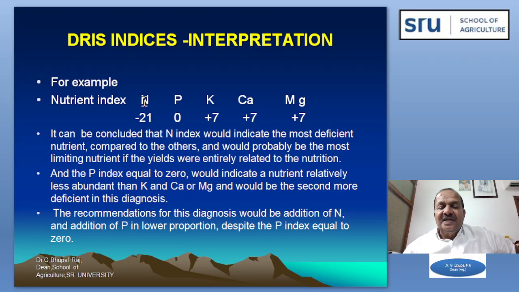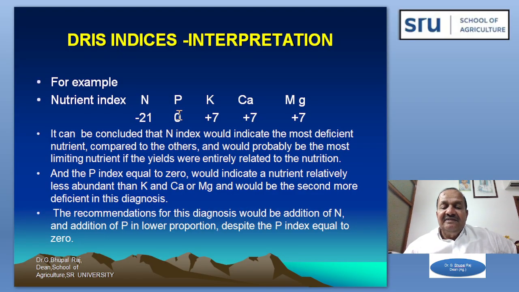Only nitrogen and phosphorus are deficient, because they show negative or zero values. It can be concluded from these index values that the nitrogen index indicates the most deficient nutrient compared to the other nutrients, and would probably be the most limiting nutrient if the yields are entirely related to nutrition.